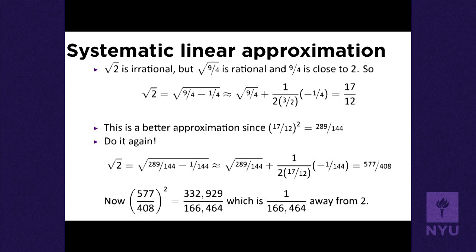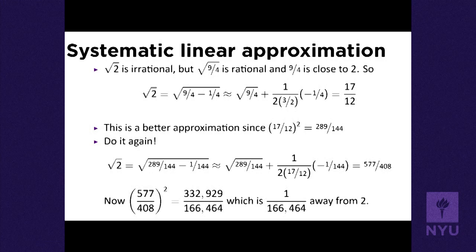Now, neither of us knows the squares of these numbers. So if we plugged it into a calculator, we would get that 577 divided by 408. That's familiar. Have we ever encountered that fraction? The square of it is 332,929 divided by 166,464. And if you look carefully, you see that if you double the denominator, you get the numerator minus 1.